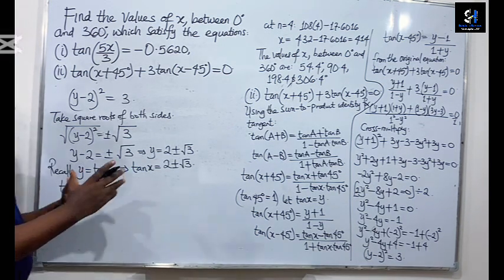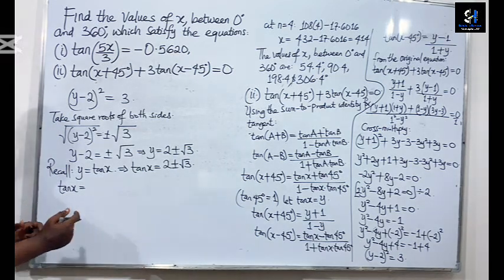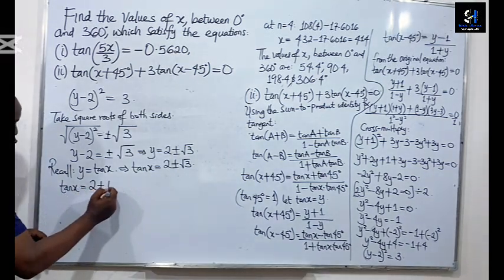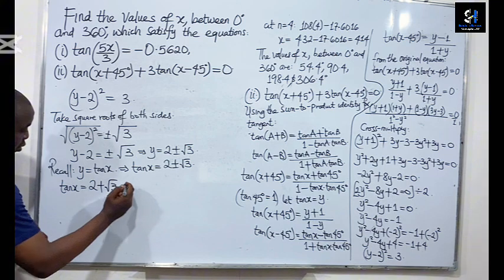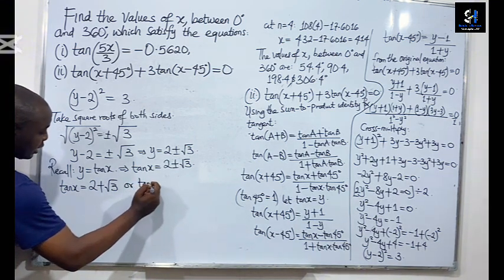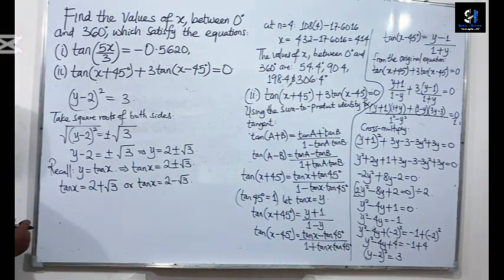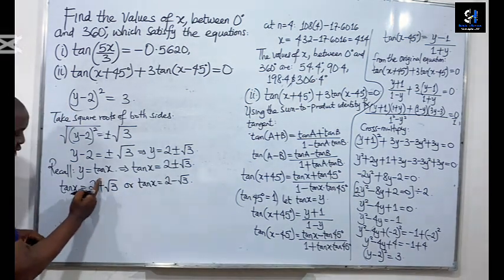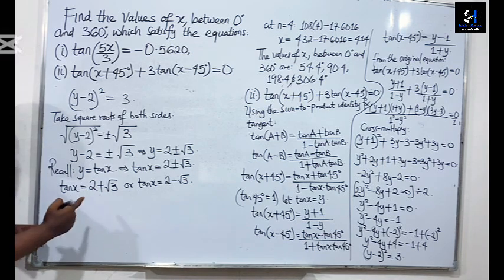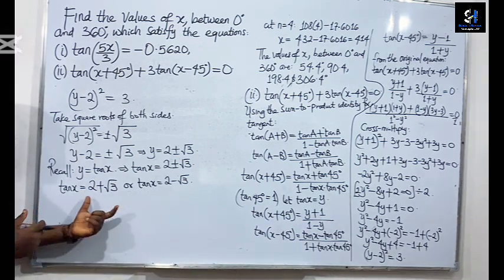We're going to get two angles. Tan x will be equal to 2 plus radical 3, or tan x will be equal to 2 minus radical 3. Now, this is the exact value for tan 75 degrees.